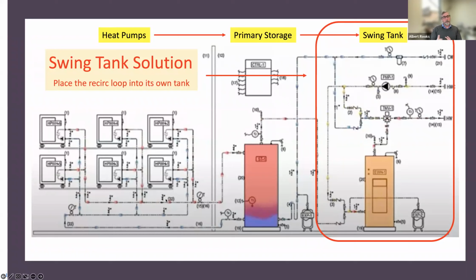So we'll set up a system where the primary storage tank is going to give high temperature water. It's going to send it to the building, but first it's going to send it to that isolation tank. And so that isolation tank, when there's a full draw in the building, is going to receive 150-degree water, so it's going to be full of 150-degree water.